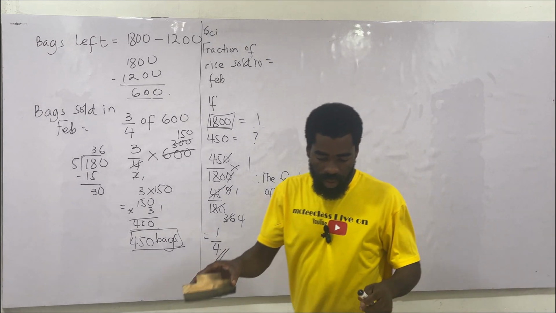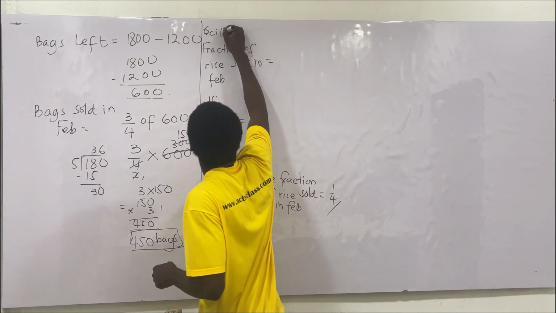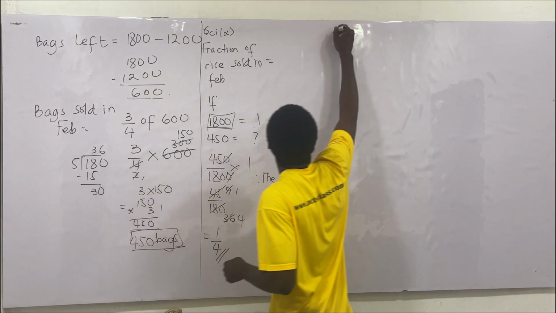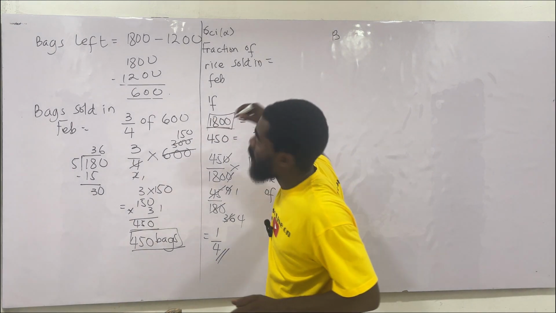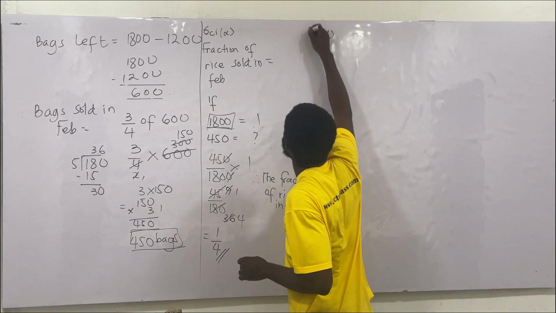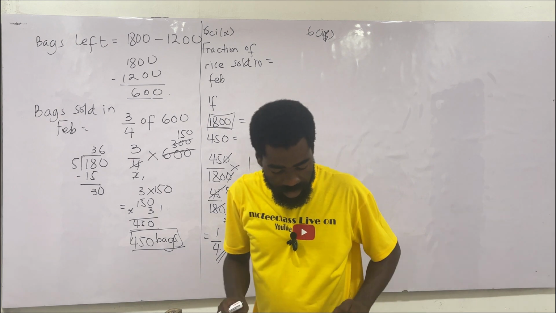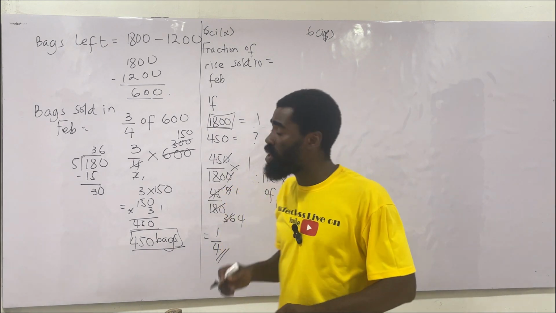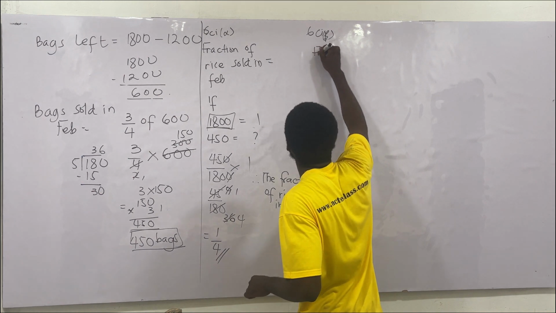Now, the I alpha. So this is I alpha. So we are going to I beta. That's 6 C I beta. C I alpha and C I beta. Now you want the fraction of the rice that was sold in February and January.